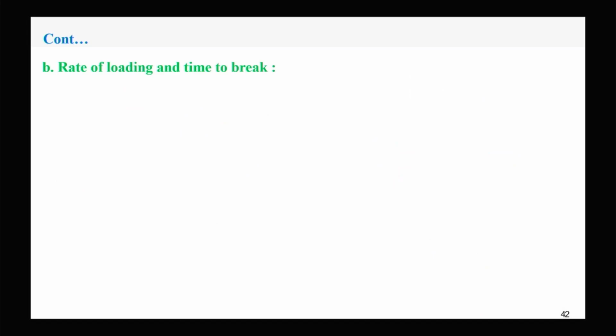Next is the rate of loading. Rate of loading will also affect the strain and time to break. Suppose one yarn of length L, we are extending it at a rate E1.